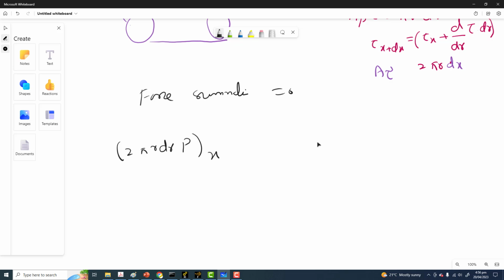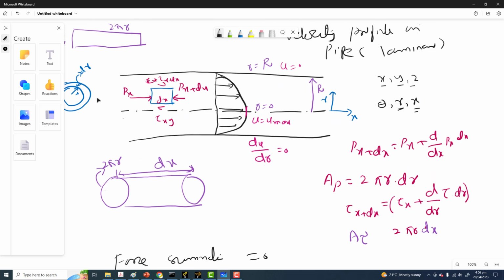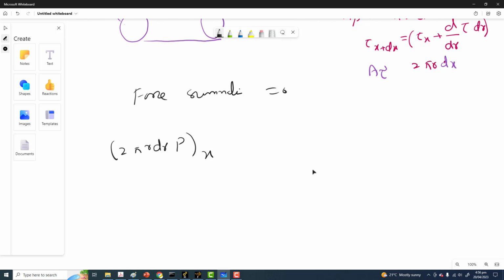As you can see, this is in the direction of the flow, so it is positive, and this pressure is in the opposite direction, so it will be negative. So any force in the direction of flow is positive, and any force in the opposite direction of the flow is negative.